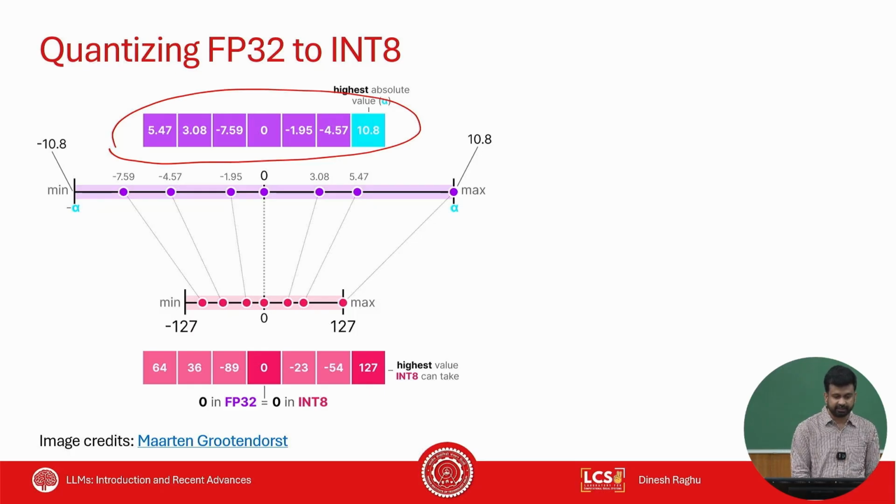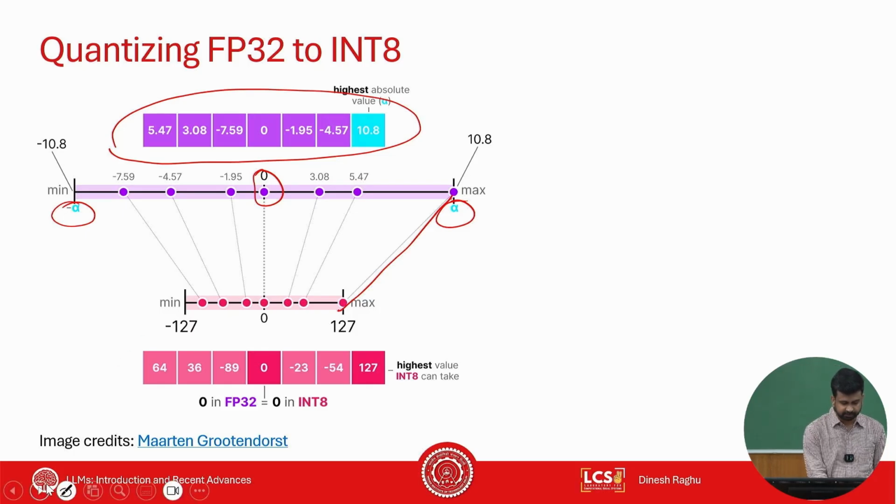Then you set the range symmetrically, centered at 0 always, with the maximum absolute value and its negative as the two extremes. Then the rest is simple: you map this maximum alpha to 127 and the minimum, minus alpha, to minus 127.